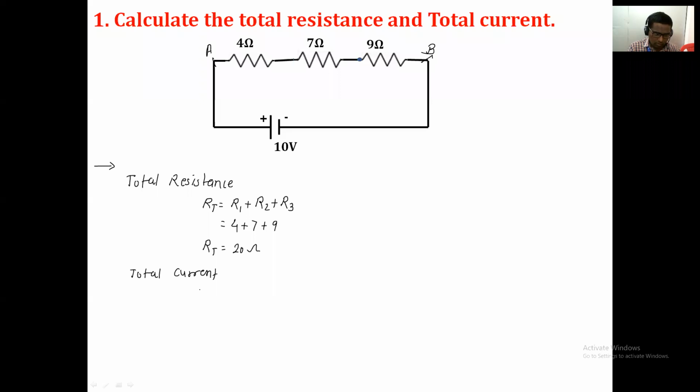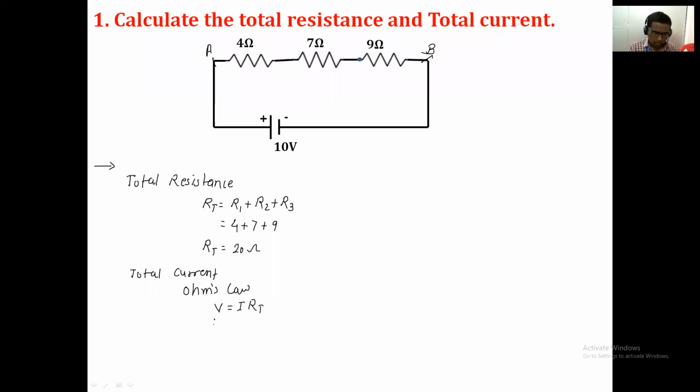When I want to calculate the total current, we can simply apply Ohm's law, because the total voltage V is equal to I into R total, where V is the total voltage, I is the total current, and R is the total resistance.